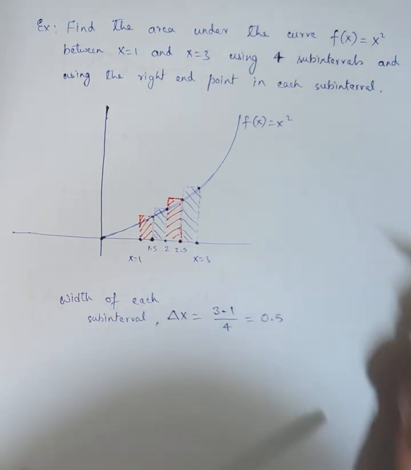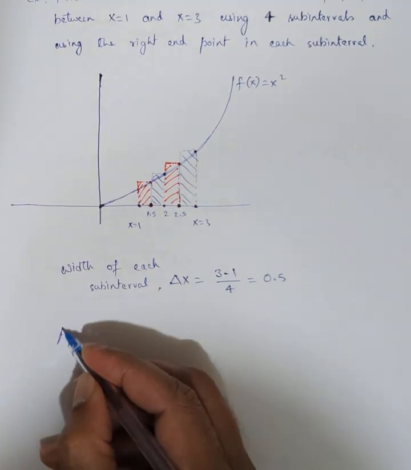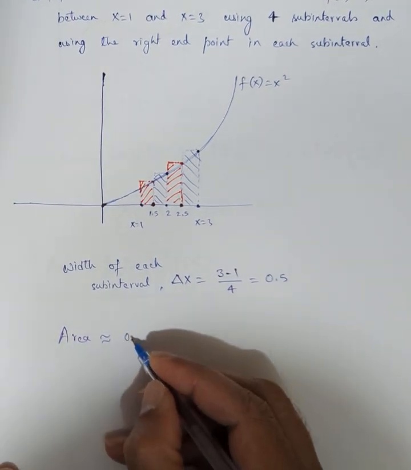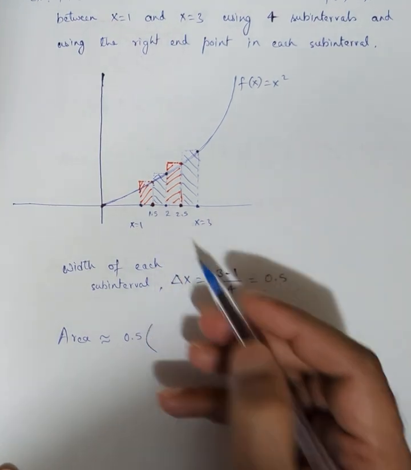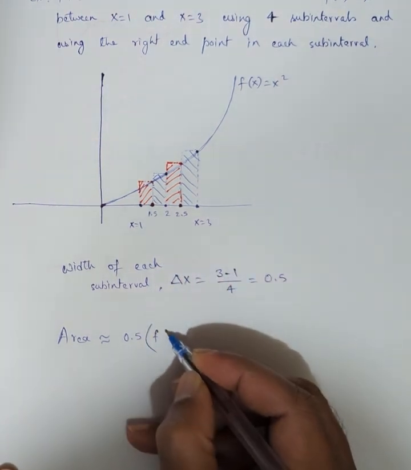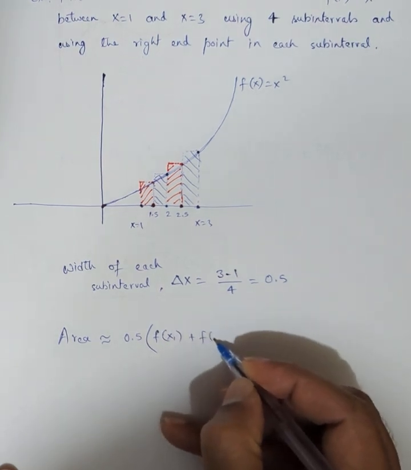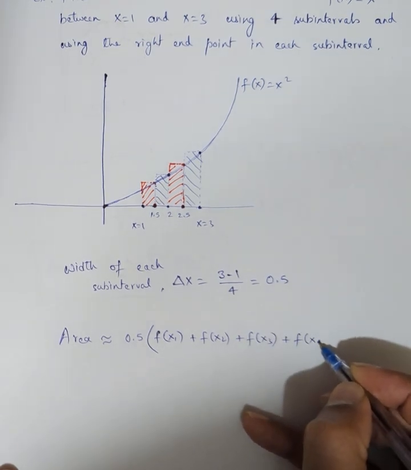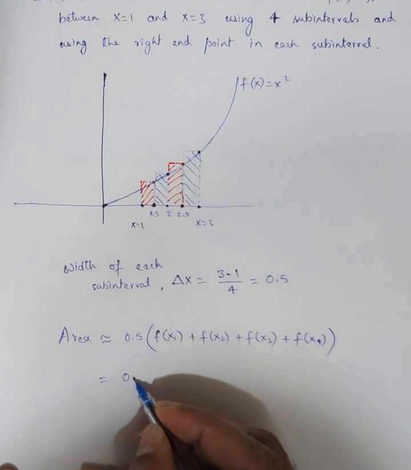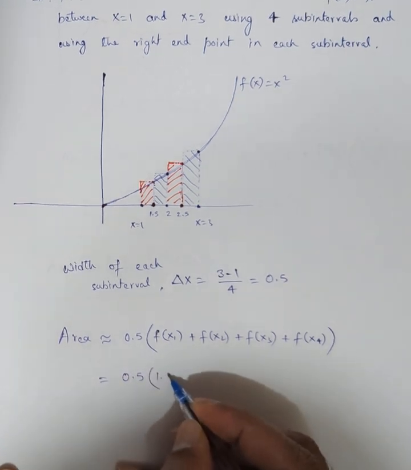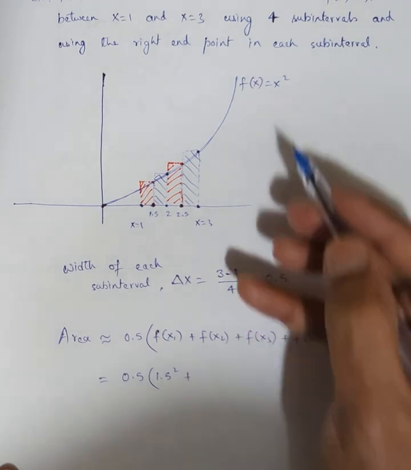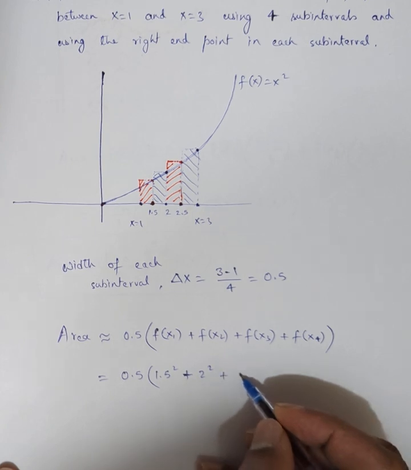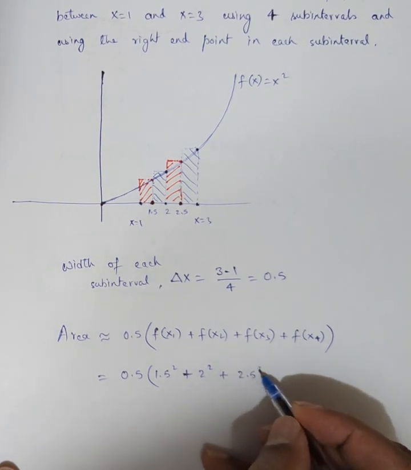So when we evaluate the Riemann sum, the area I can write down is approximately 0.5, that's the width, times f of x1 plus f of x2 plus f of x3 plus f of x4. And f of x1 is 1.5 squared, because f of x equals x squared. f of x2 is 2 squared. f of x3 is 2.5 squared.